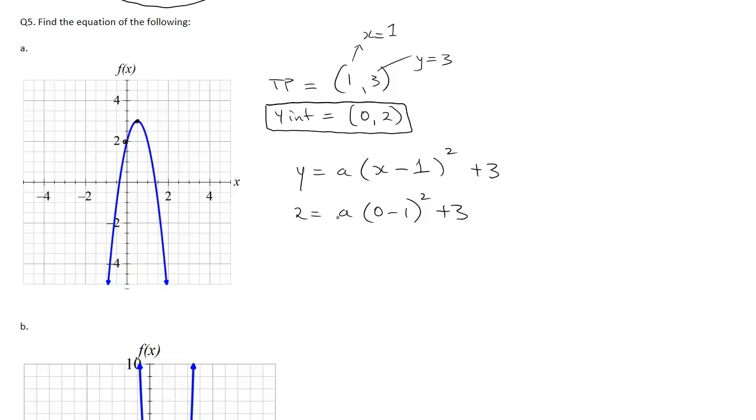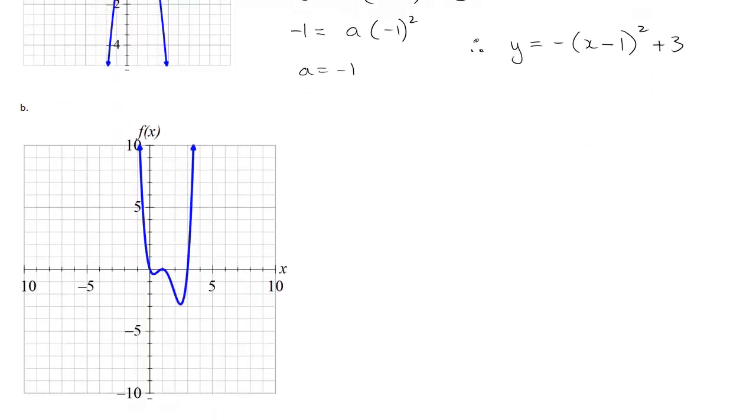This is all in the aim of finding a. So we move that 3 over to the other side, that becomes minus 1, and a becomes equal to minus 1. Therefore, our equation is y equals minus (x minus 1) squared plus 3. That's our equation of the parabola.